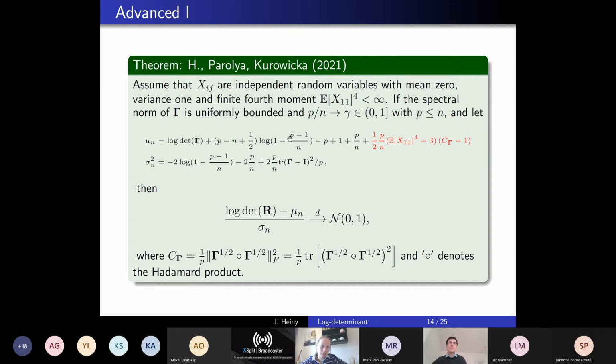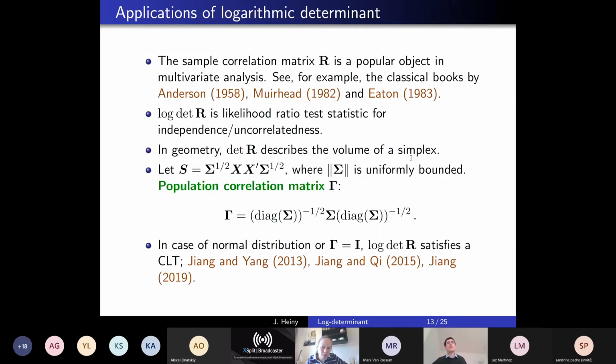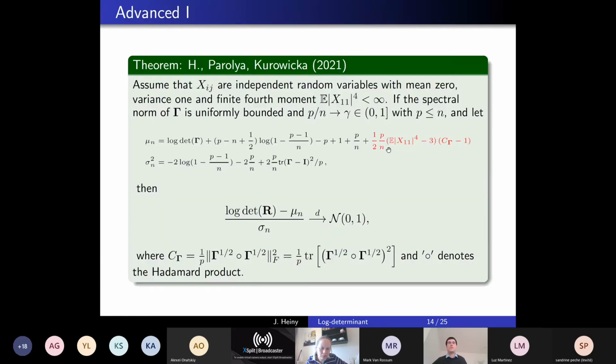And I want to point out one fact about this formula, namely the term here in red. On the previous slide, I told you that in the case of normal distribution and that gamma is identity, these were known. And so in case of normal distribution, this fourth moment is just 3.